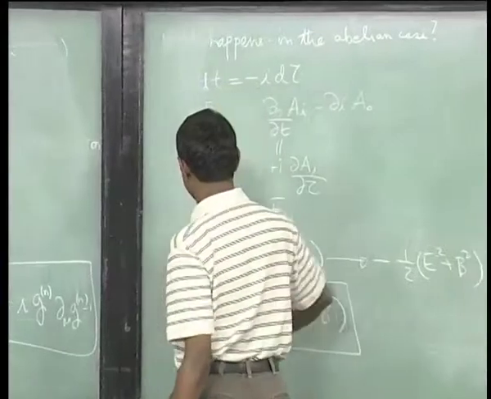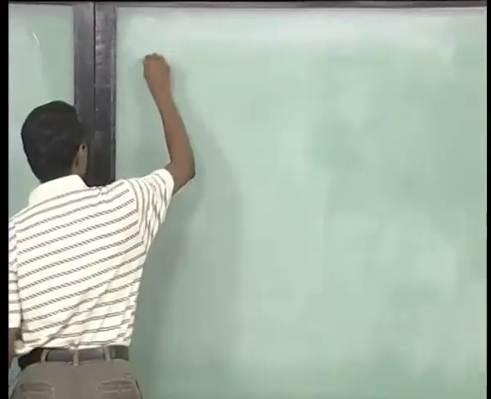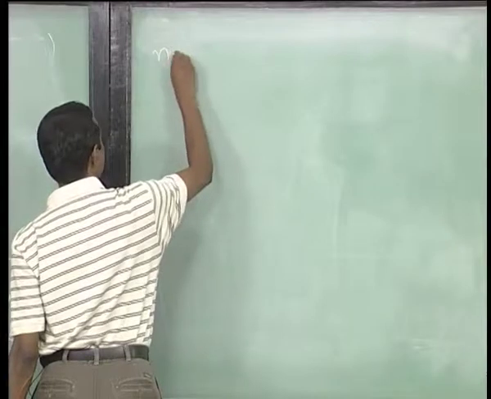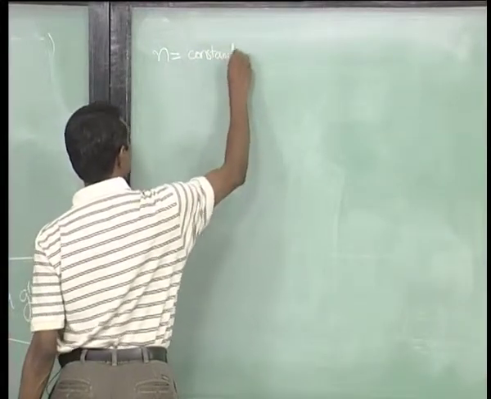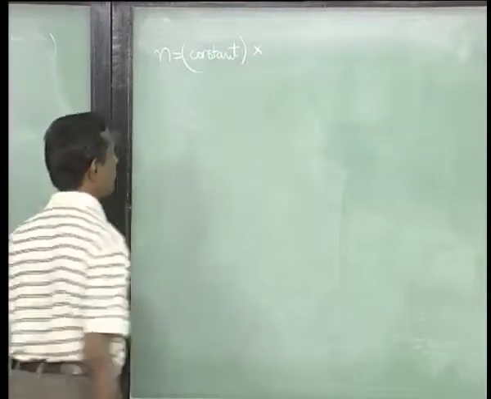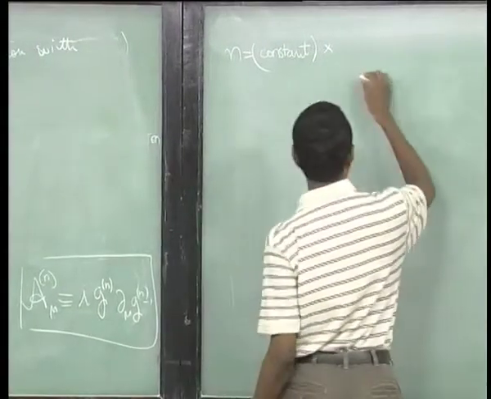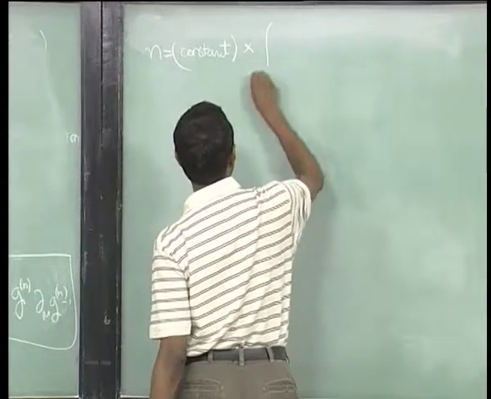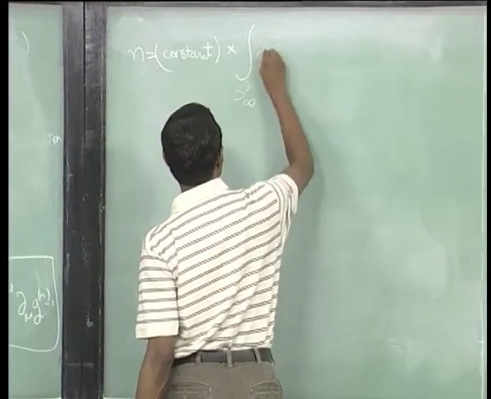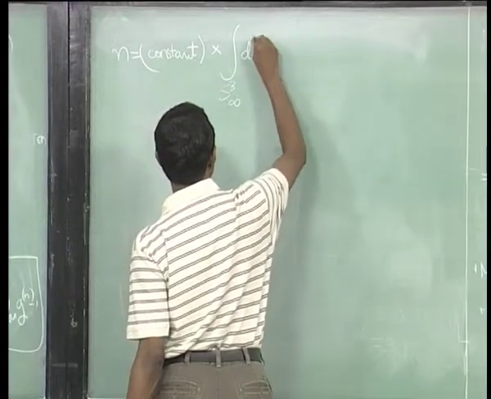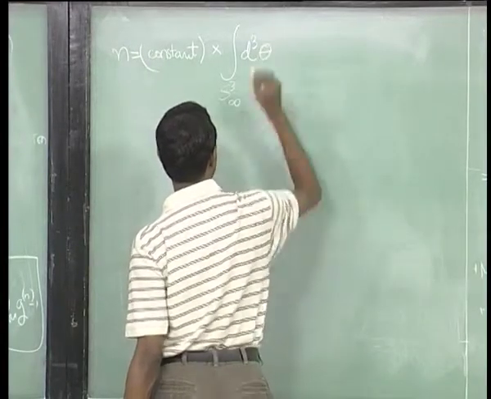So let us see what this winding number would be. So this n will be some constant which we will determine in a moment times the following object, which is an integral over the 3 sphere at infinity. Choose some coordinates, so I will just call it as some angles.